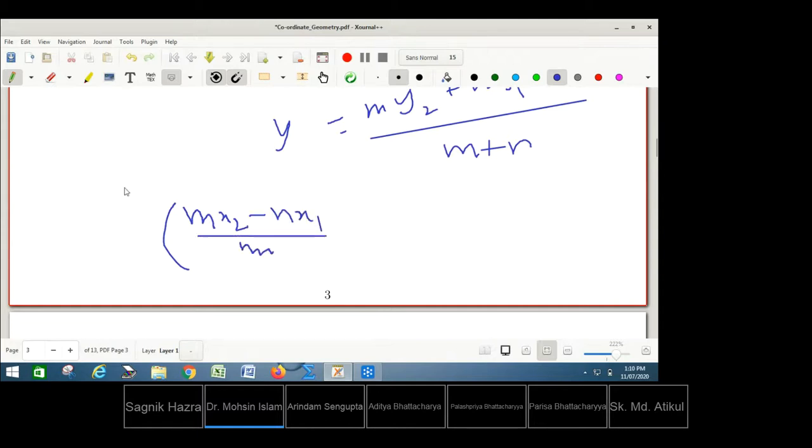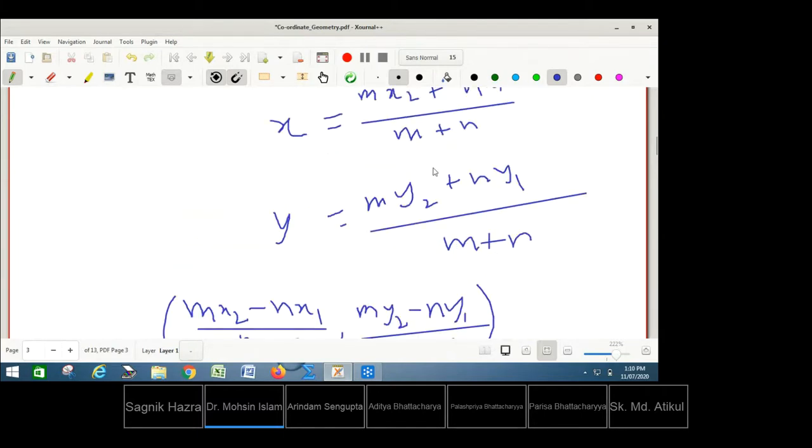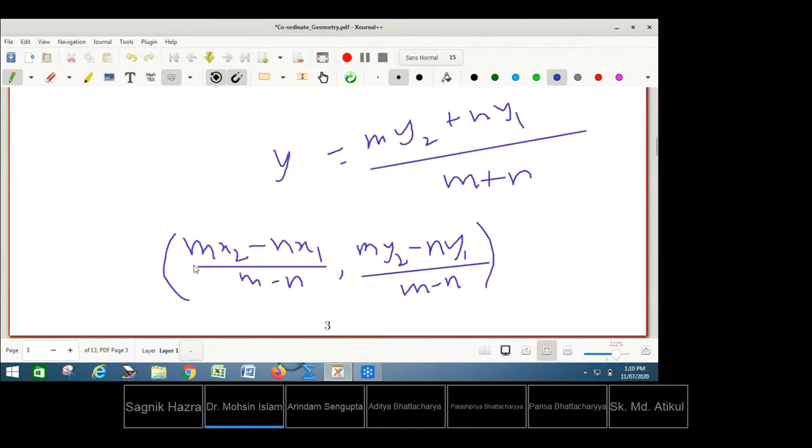That is not in the syllabus, that is for your knowledge. Maybe you will ask, sir, what will happen for external? So I am talking about external division, and I will show you the diagram for that also. The y coordinate is m y2 minus n y1 by m minus n. So the only difference is that there is a plus sign for the internal ratio, and for external there is a negative sign. So what do we mean by external?